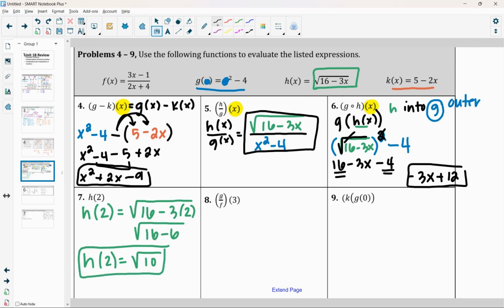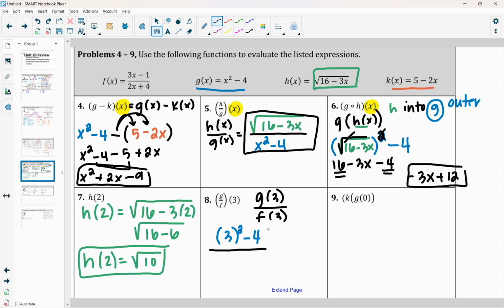For the next one, we'll be doing g of 3 divided by f of 3. So we want to plug 3 into each of the 2 functions. So we'll plug 3 into the g function on top. And our g function is x squared minus 4. So in this case, 3 squared minus 4 on top.